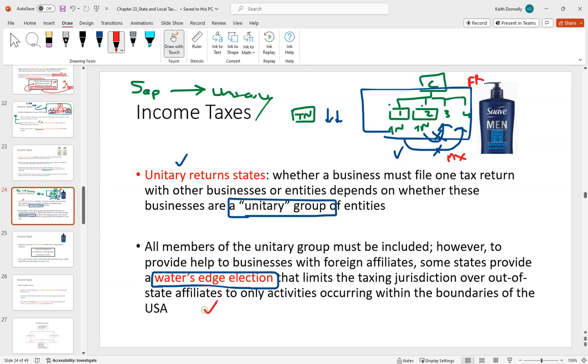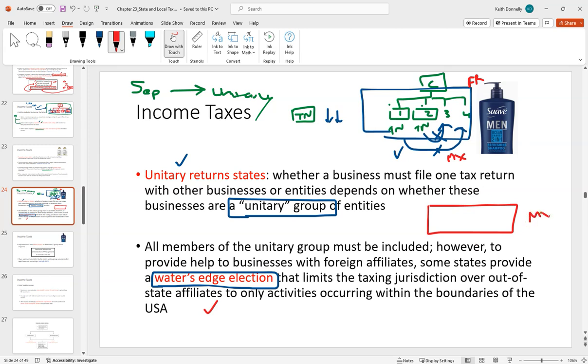The water's edge election says this: whenever you are creating this unitary group, you're trying to box in all of the subsidiaries that are part of the unitary group. You can only do that to the extent they are in the US.